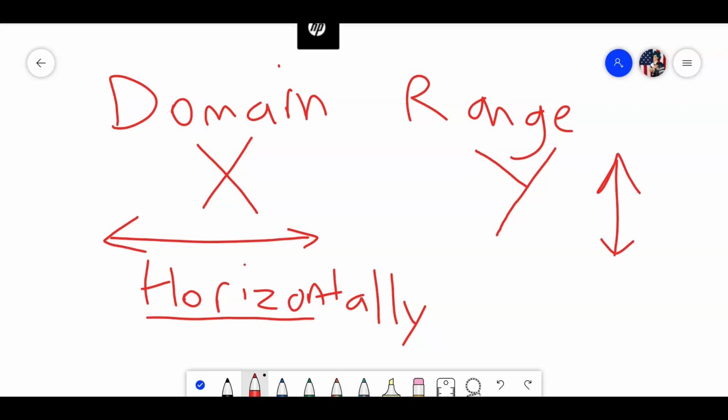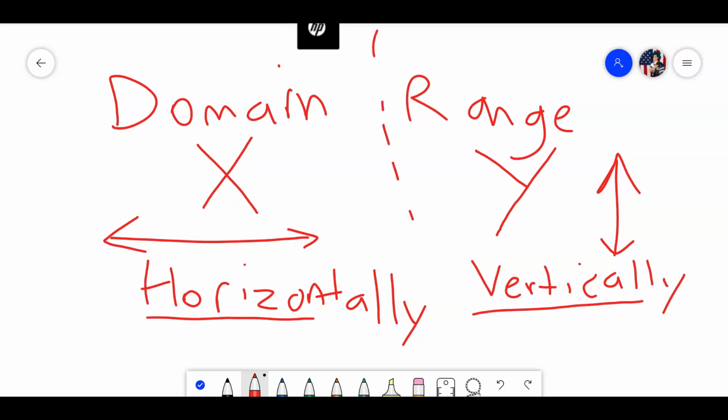The word for that one is vertically. Vertical, up and down. Horizontal, like the horizon, left to right. These are things that you should have already learned before, and we're just going over it. So you got to know domain, left to right. Range, bottom to top. Now that's just a quick little review.